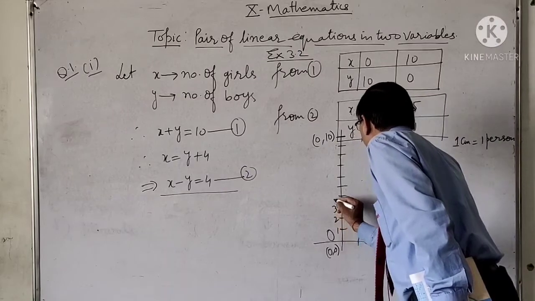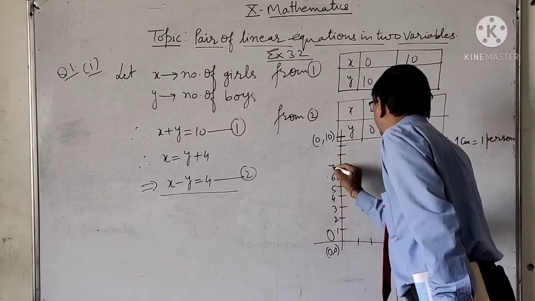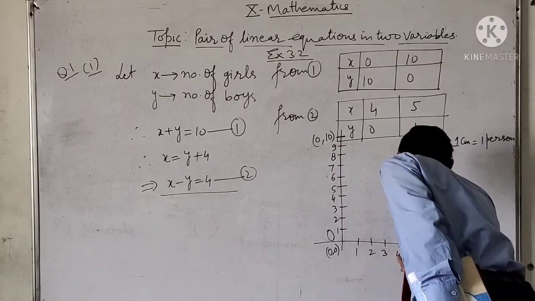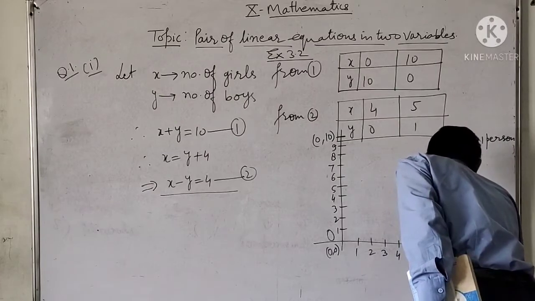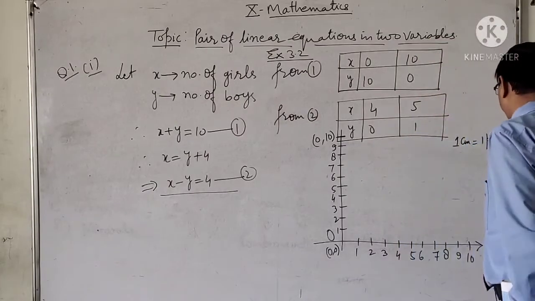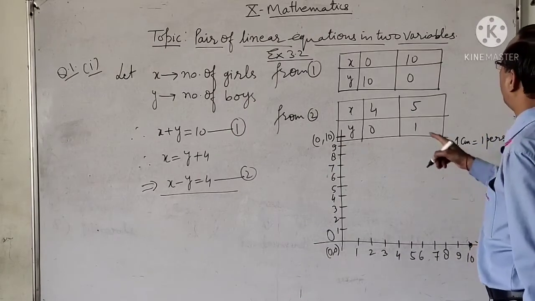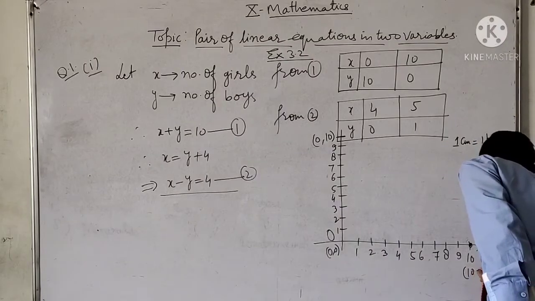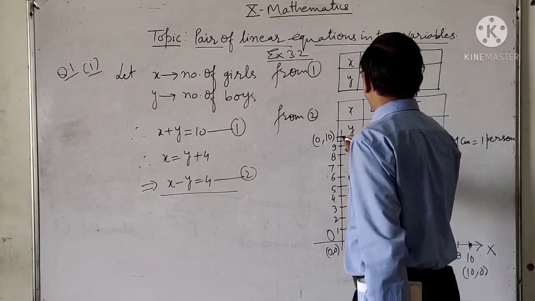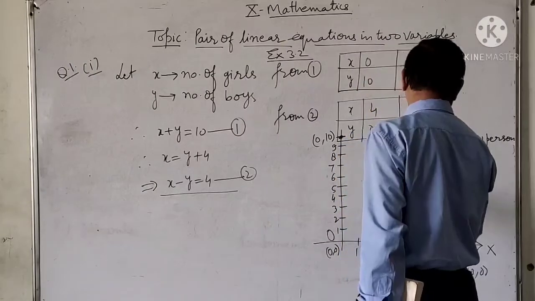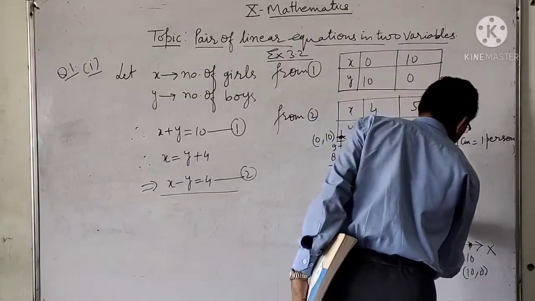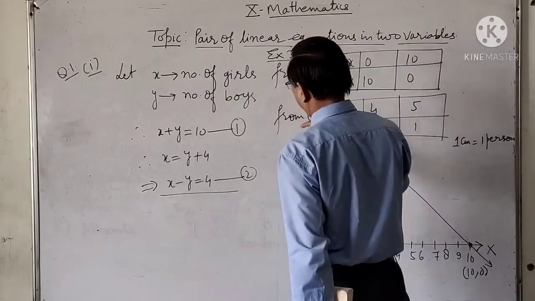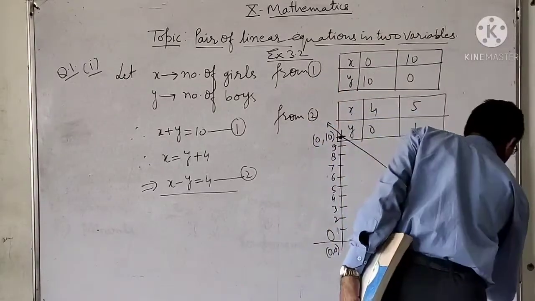Now, there is one of the points 10, 0. There is 0, 10. If we join them, we will get line 1. It is L1.